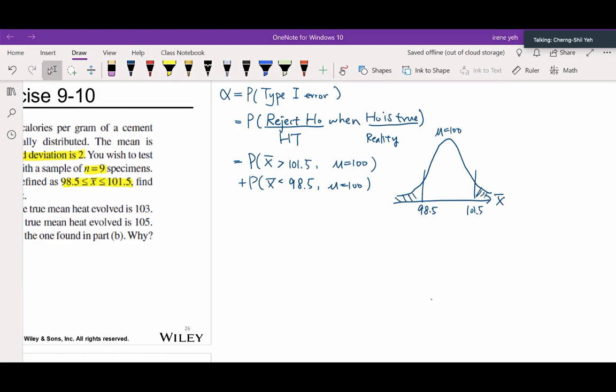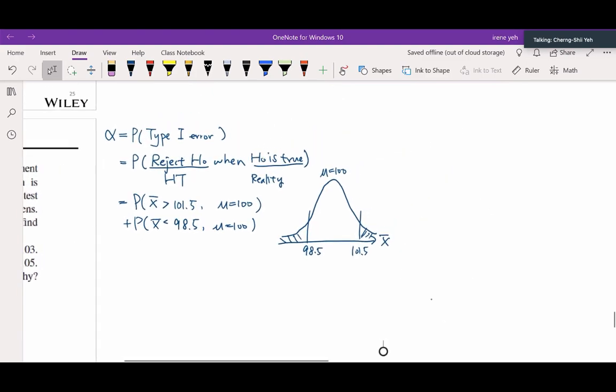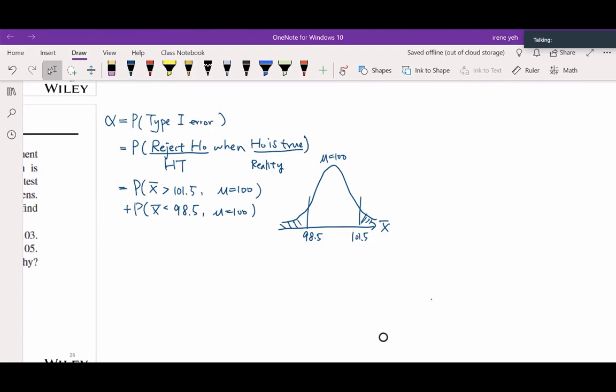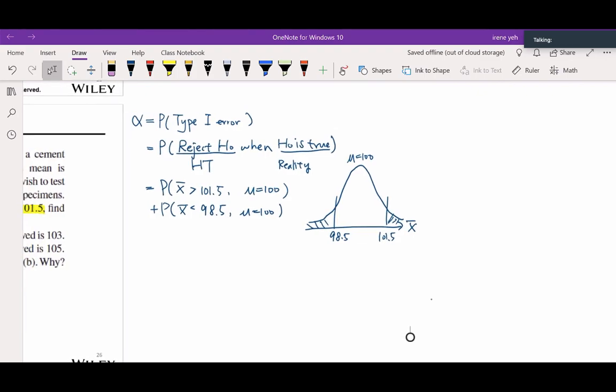So in other words, I am going to standardize this distribution into a standard normal distribution so I can derive the probability. Okay, this is not the only way you can derive the probability. In Excel, it does allow you to derive the probability of a normal distribution without standardizing it. So there's more than one way to derive this.